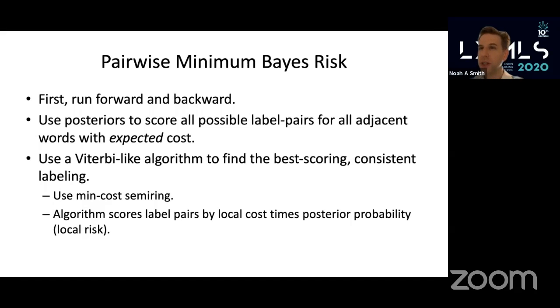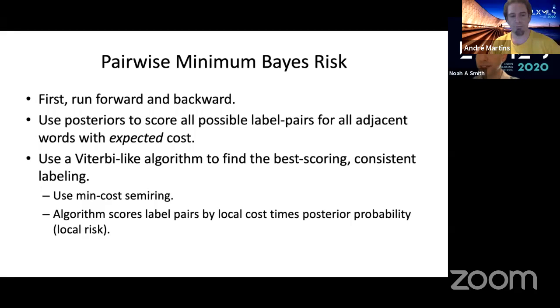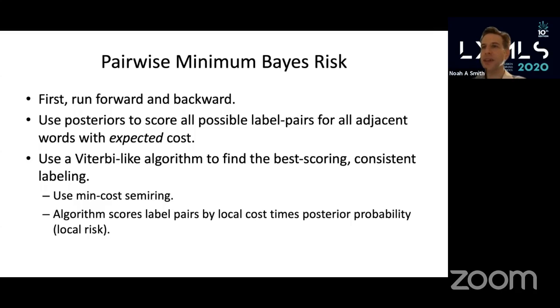And so now what we want to do is find the least cost total sequence that's internally consistent, that minimizes the sum of these expected costs. So you're going to use something very similar to Viterbi. You're going to think about the expected costs you just calculated as being kind of like log probabilities, except you want to minimize instead of maximize.